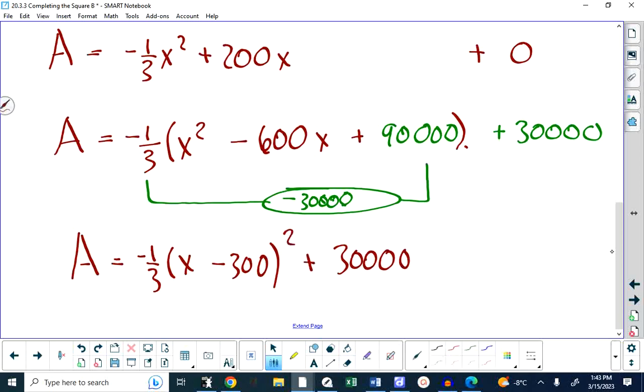All right. What this means is this parabola maxes out when x is 300 and the area is 30,000. And now you can answer the question.